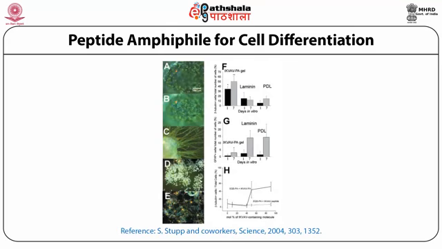So this slide shows that the IKVAV peptide amphiphile gel, within 7 days, gives very nice neuronal cell differentiation, which is characterized by beta tubulin expression as compared to laminin or other systems.